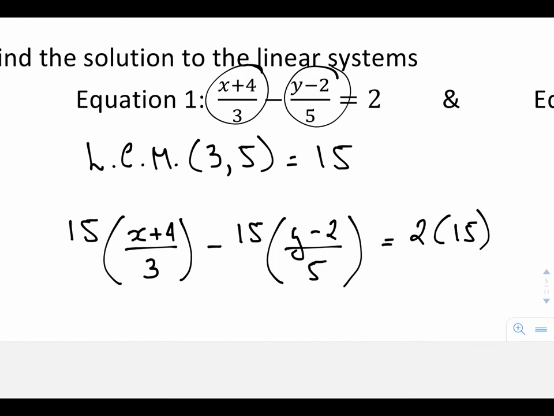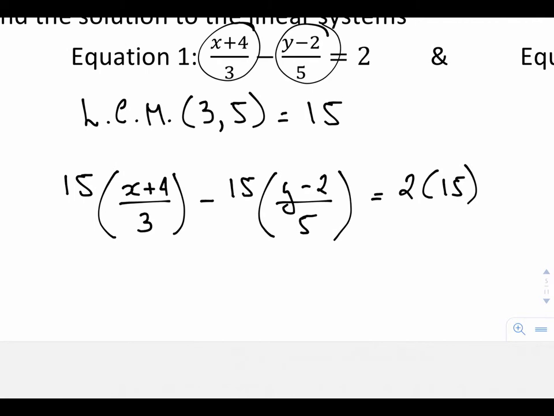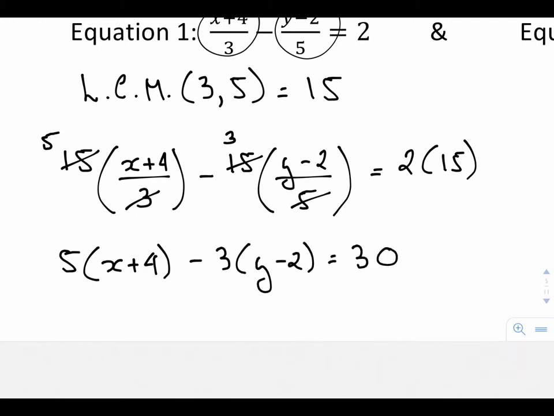So I've multiplied everything by 15. Now I can start doing some simplification. 3 goes into 15 5 times. 5 goes into 15 3 times. So what you're left with essentially is an equation with just brackets: 5 times (x plus 4), minus 3 times (y minus 2), is all equal to 30.